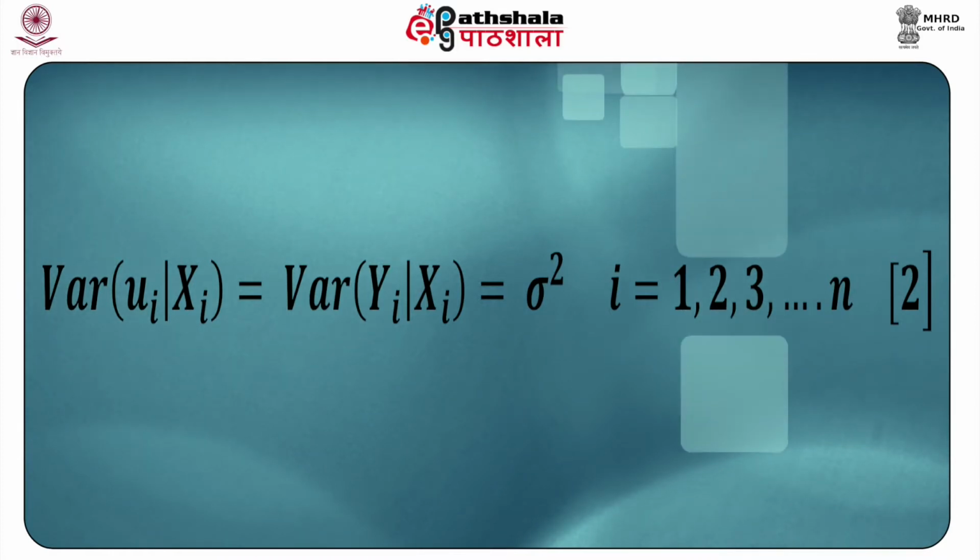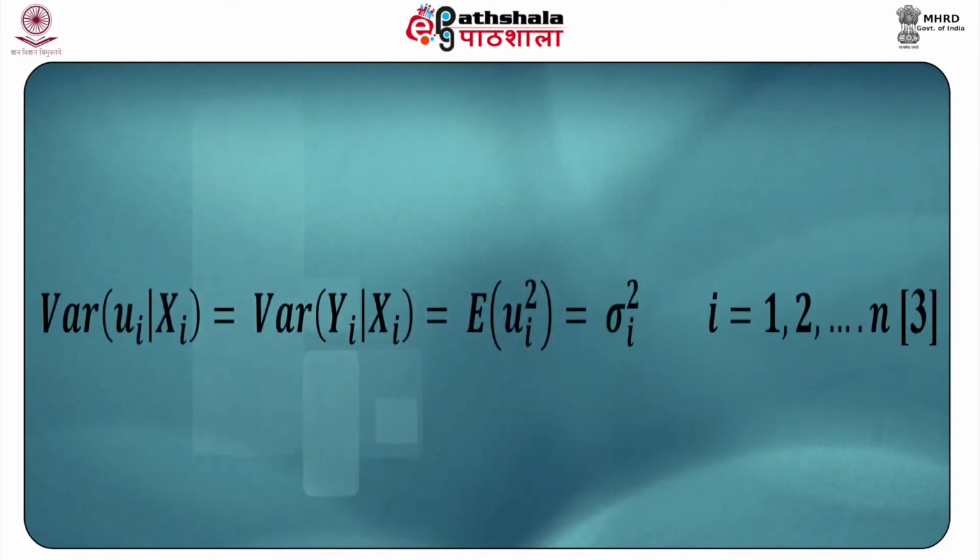This is our second equation. Equation 2 reflects the dispersion of error terms around their mean 0. It is also a measure of dispersion of the data values of the dependent variable around the linear regression line beta 1 plus beta 2 xi. The constant value sigma square implies that this dispersion is the same for all observations on x.